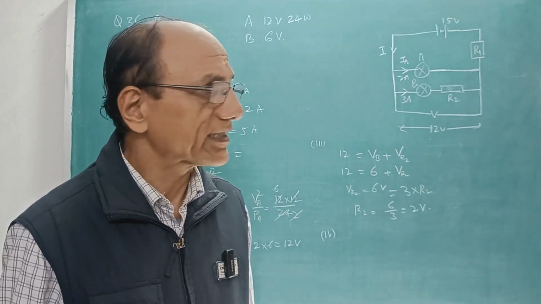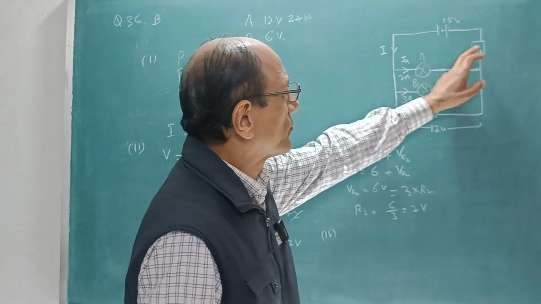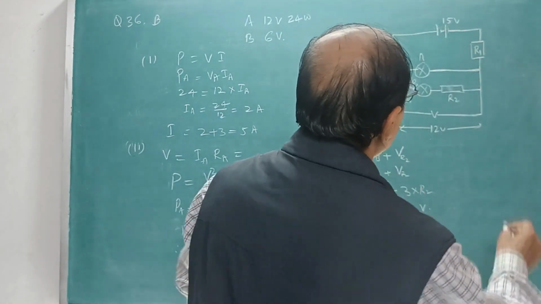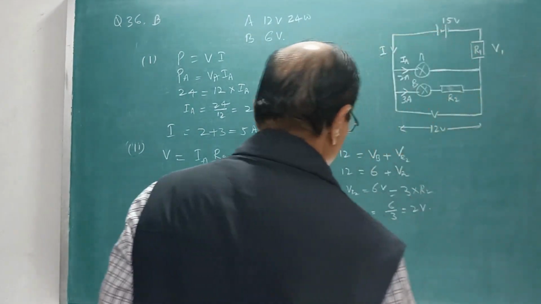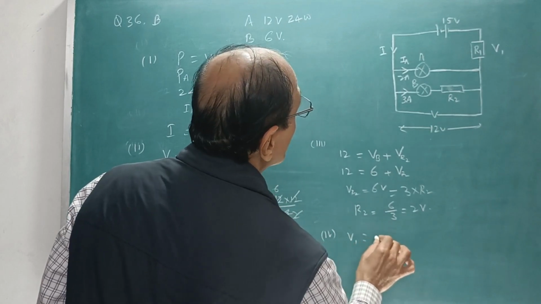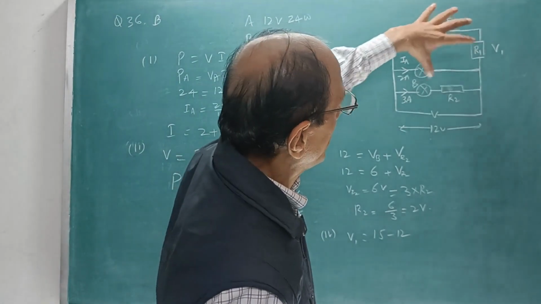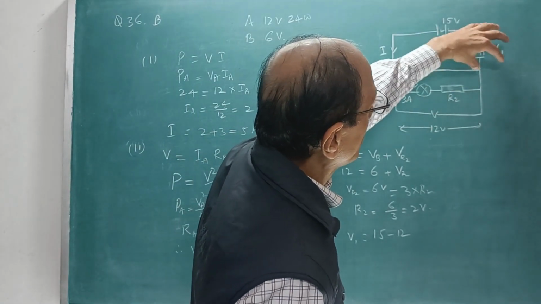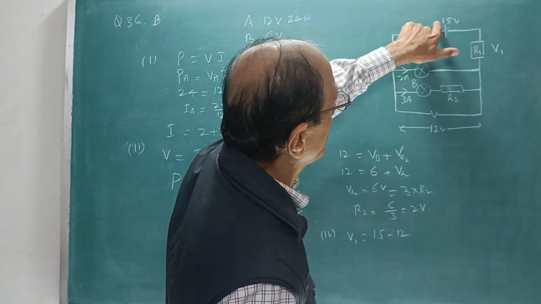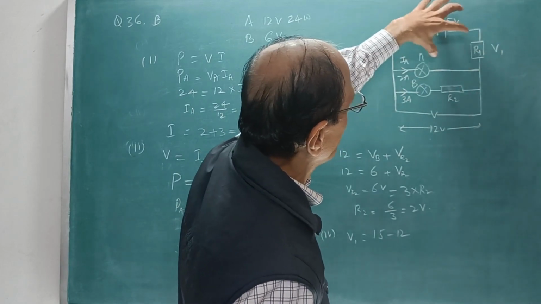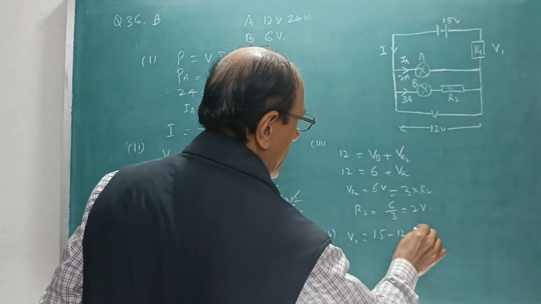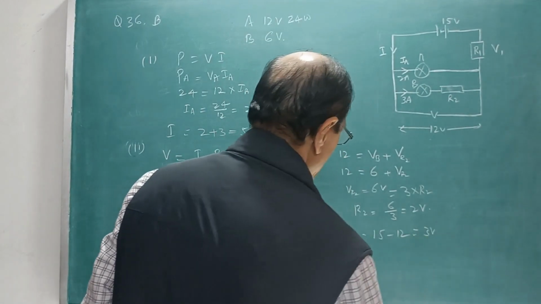And now the fourth part is find the value of the resistance R1. So let us find out the V1. So V1 will be equal to 15 minus 12 volt. This 15 minus this plus this will be equal to 15. So V1 will be equal to 15 minus this voltage, so that is 3 volt.